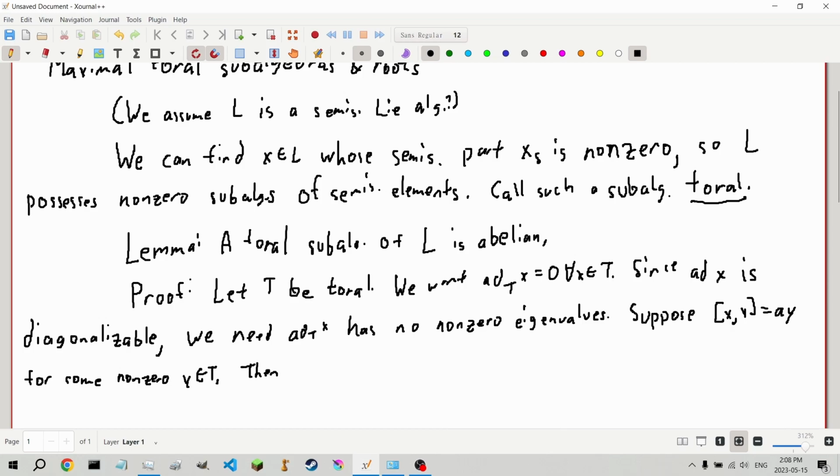Then the adjoint of y on x is going to be negative ay, an eigenvector of ad_T of y of eigenvalue 0.